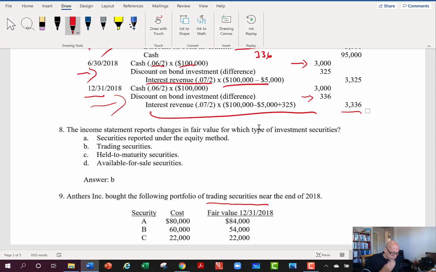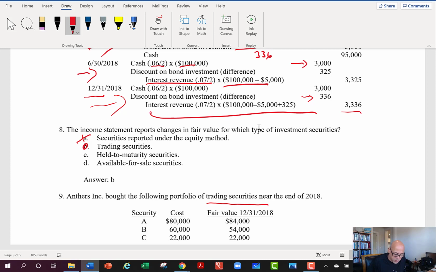Good. The income statement reports changes in fair value for which type of investment? Securities under the equity method? No, we're going to talk about that. That's going to be based on your share of the earnings that come out of your investee minus any dividends that have been paid out. Trading security, yeah.